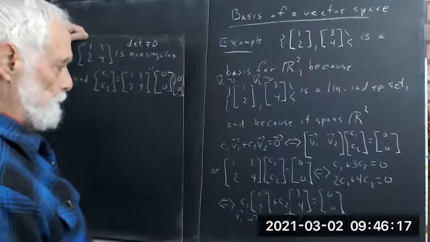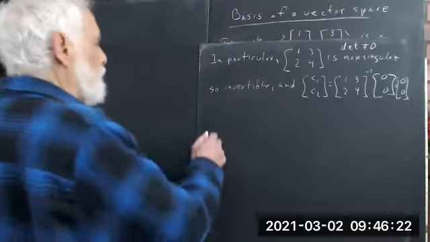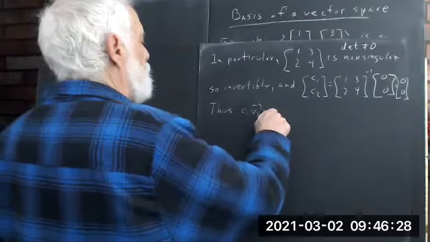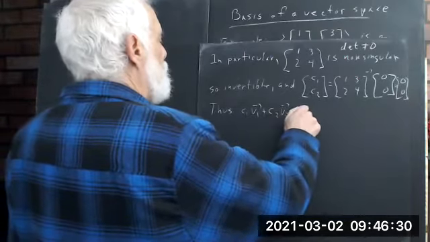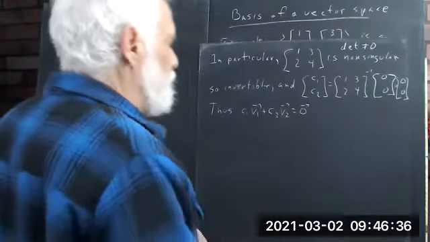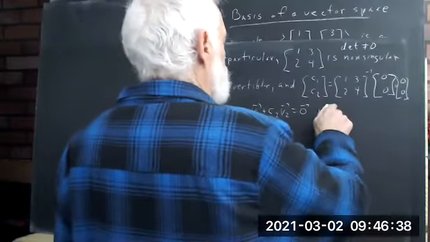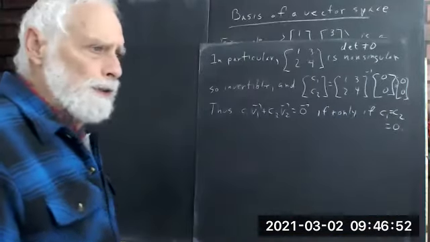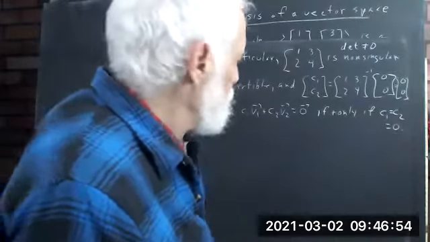So anyhow, C1 V1 plus C2 V2 equals 0 if and only if C1 equals C2 equals 0. And I certainly hope that you recognize that this is the test for linear independence.